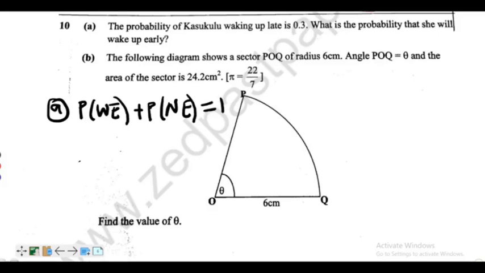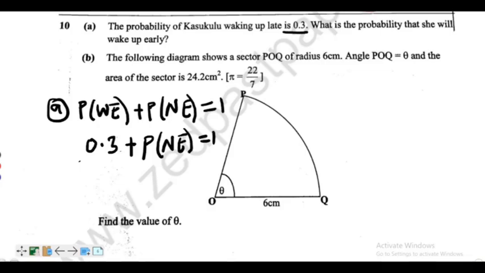Okay, so in the question they have said the probability of this person waking up early is 0.3. So we are going to have 0.3 plus the probability of not waking up early, which is what they want, is equal to 1.